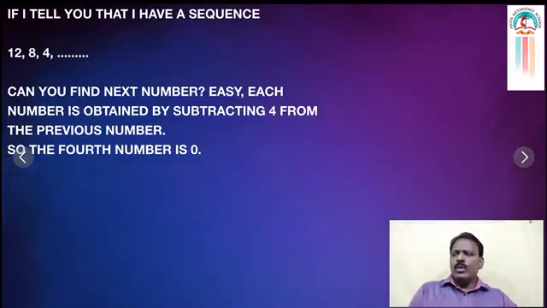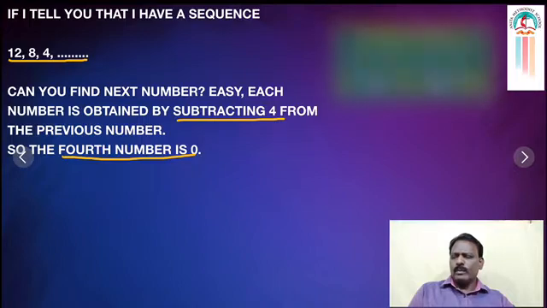If I tell you that I have a sequence 12, 8, 4 and so on, can you find the next number? Easy. Each number is obtained by subtracting 4 from the previous number. So the fourth number is 0.